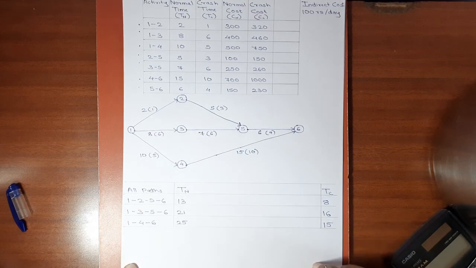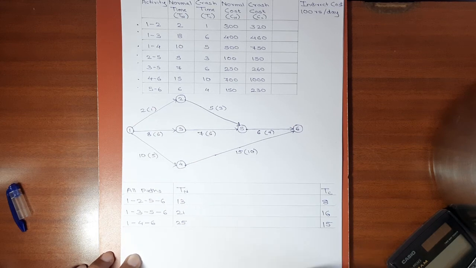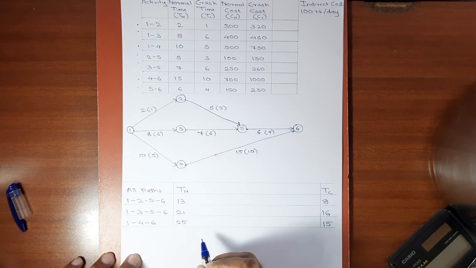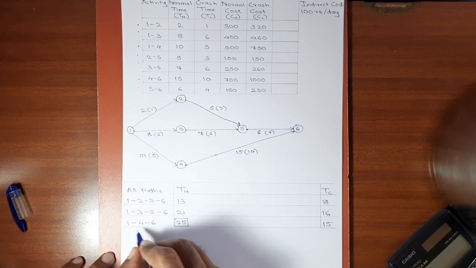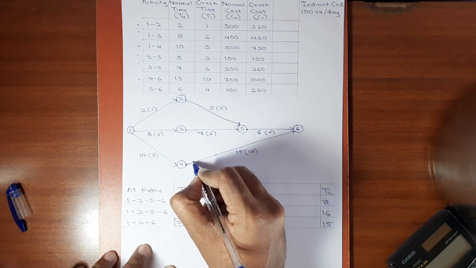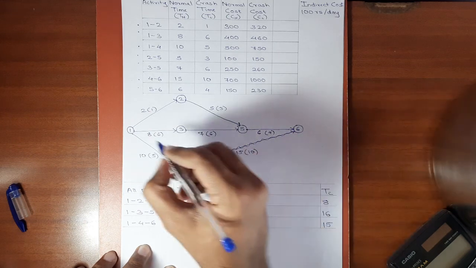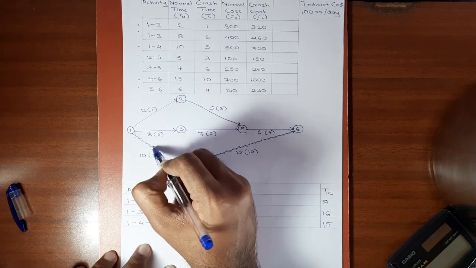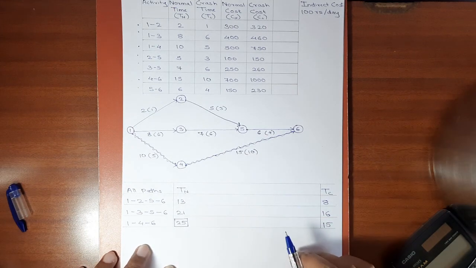Okay, we have all the possible paths and we have the normal duration and crash duration of each path. The path which has the maximum normal duration is the critical path. So in this case 25 is the maximum normal duration, so path 1, 4, 6 is our critical path. I'll just highlight it over here. 1, 4, 6 is the critical path.